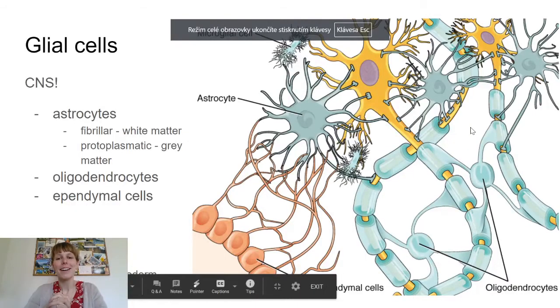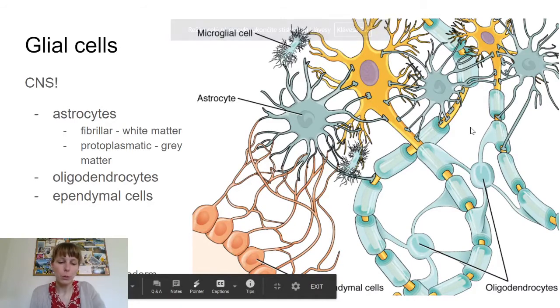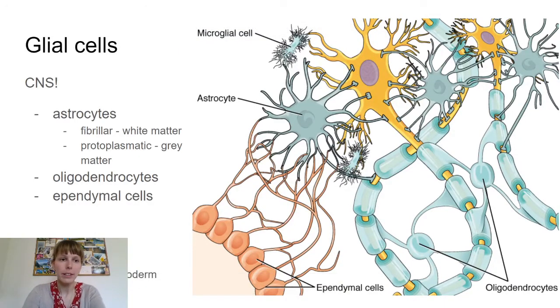So that was for the neurons, and also there are the glial cells, which are very important in many ways. In the central nervous system that we are talking about right now, there are 4 types that we can see there. And the most common type of glial cells will be the astrocytes.